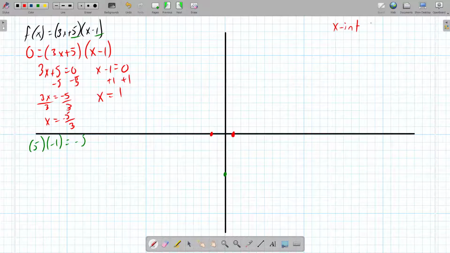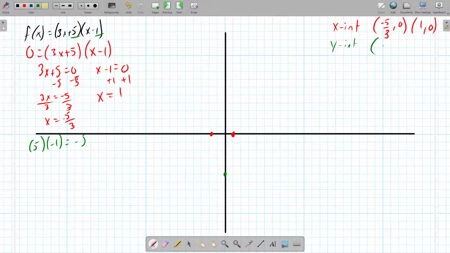So our x-intercepts are at negative 5/3, 0, and 1, 0. And our y-intercept is at negative 5, 0. Let's flip those. 0, negative 5. There we go.